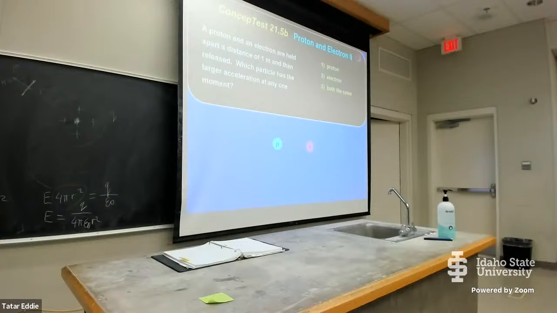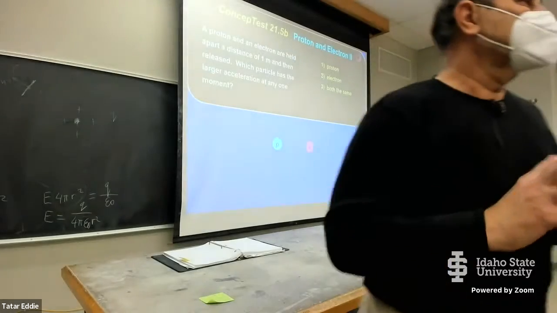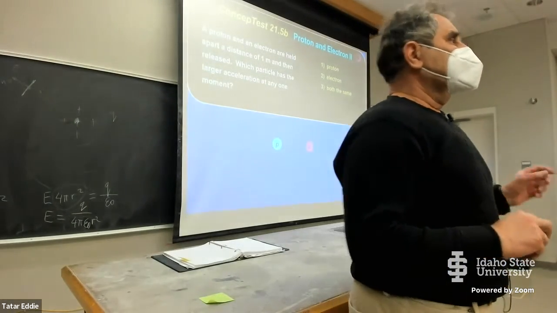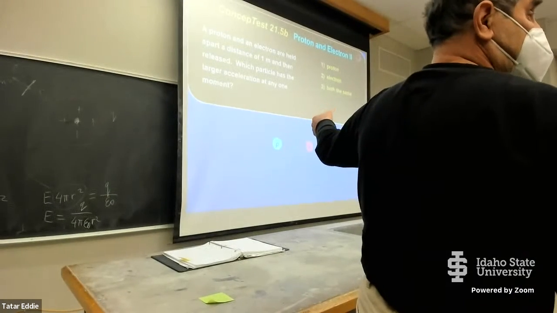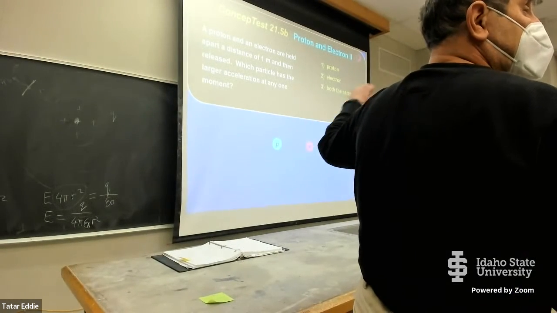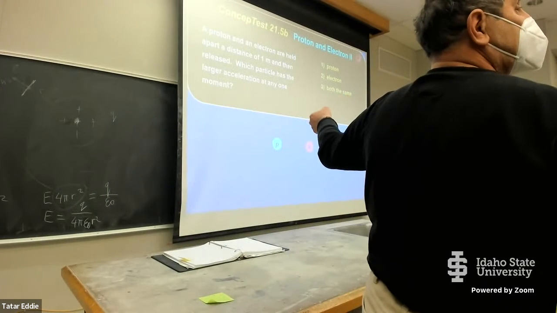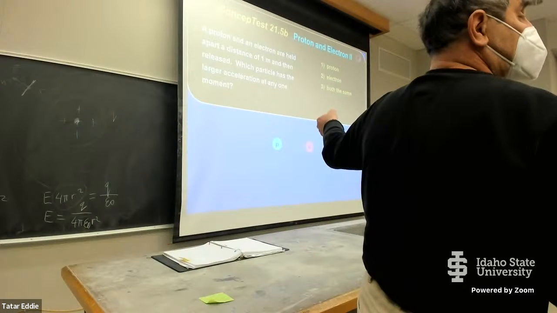So remember that the proton is about 2,000 times more massive than the electron. So the same force as you saw from the previous slide, exactly the same force acts on the electron as the force acting on the proton.